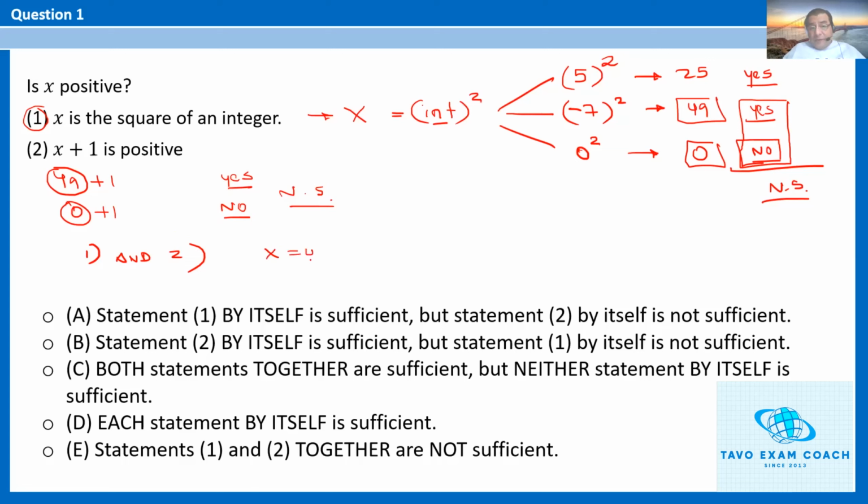You have x = 49, a value that complies with statements 1 and 2 at the same time, yielding a yes for an answer, and the value x = 0, which is the square of integer 0, and added with 1 is also positive. This yields the answer no to the question. So we can see that statements 1 and 2 together are not sufficient. And the correct answer would be option E.